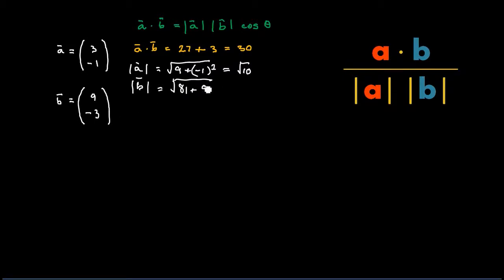So what have we got? We've got the square root of 90. And if we understand how to simplify surds, the square root of 90 is going to be 3 root 10. Okay, so I just pulled the 9 out there, rooted it to become 3, and then we've still got the 10 underneath, so we've got 3 root 10.